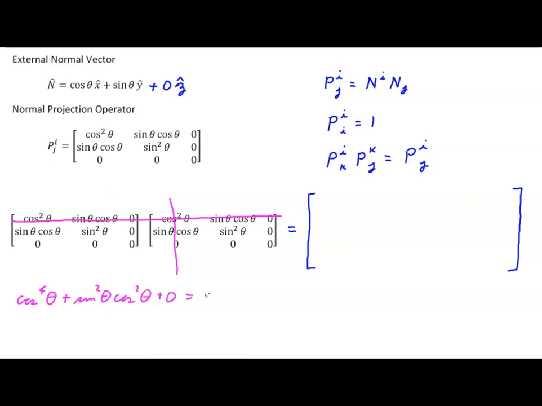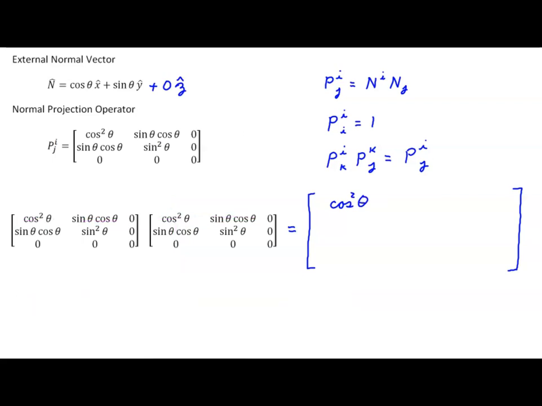Now we can factor out the cosine squared of theta, leaving cosine squared theta here, and sine squared theta here. And of course this value in the parentheses is 1, so this entire expression resolves down to simply the cosine squared of theta. So that's the value for item 1,1 in our result.